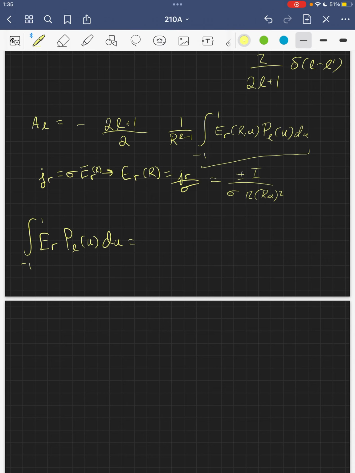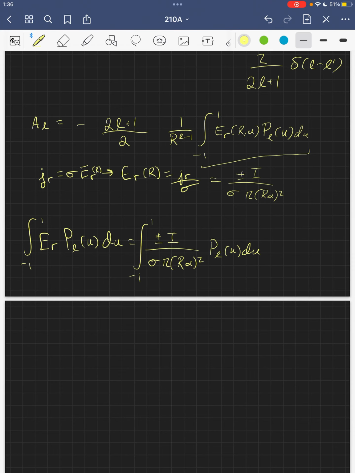So this has to equal plus minus I over sigma pi R alpha squared, integral from negative 1 to positive 1 of PL u du. Okay. From here, you want to use the given hint, the given hint value, basically.